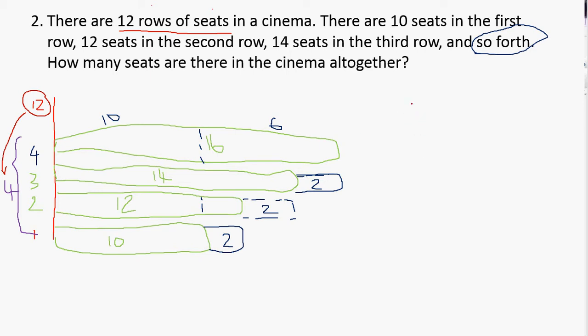So I can do first row and fourth row, and then I can do 8 rows, and then I can do 12 rows immediately. I don't have to do 5, 6, 7, 8. See the magic? Because every 4 rows is 6 seats.